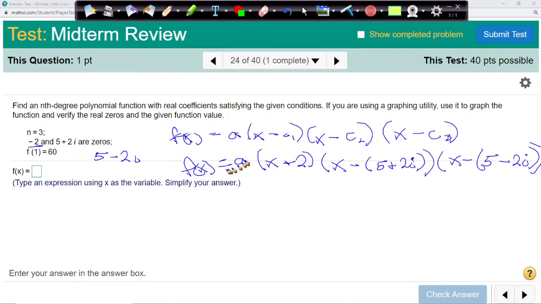Now we're going to figure out what a is. That's what we use this point here. Okay, so let's go ahead and expand this. Do we need to? It'll help, I think, if we multiply these out.